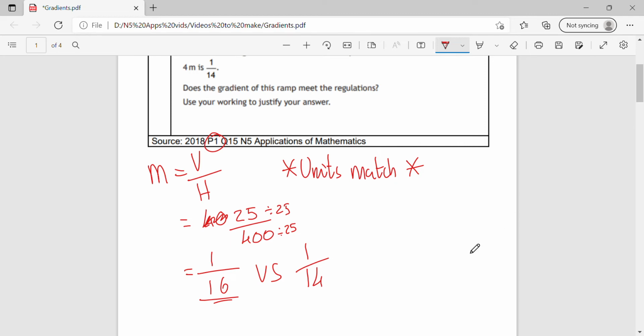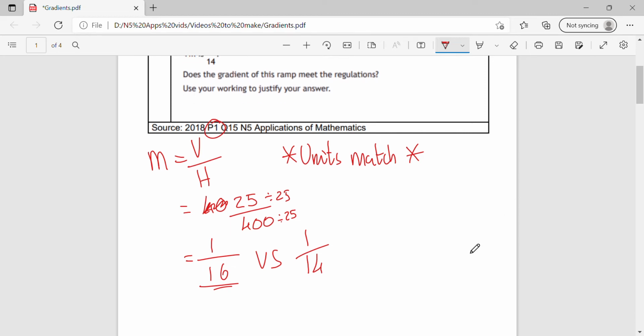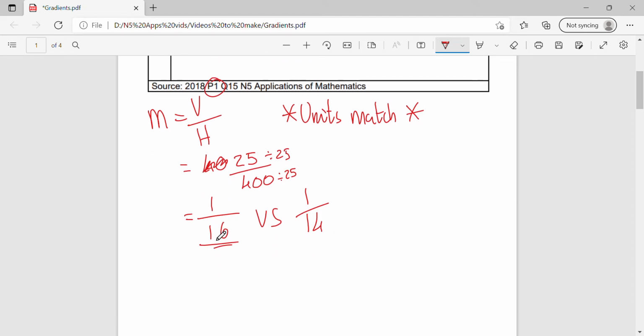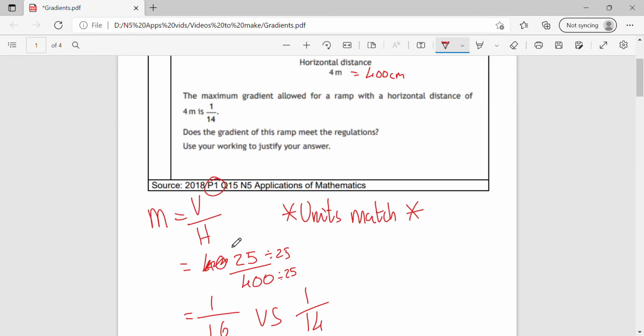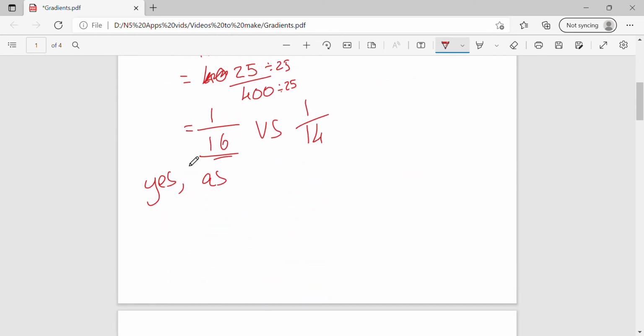So we need to do nothing for this one, we don't need to convert to get matching denominators. So all we need to do is write down a wee statement saying yes, as 1 over 16 is less than, and we can use this wee symbol, 1 over 14, and that's us answered that first question there.